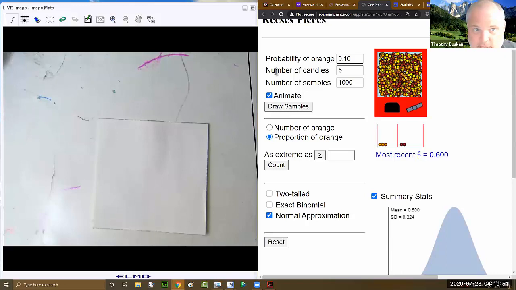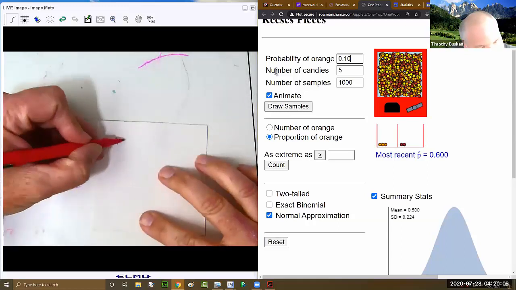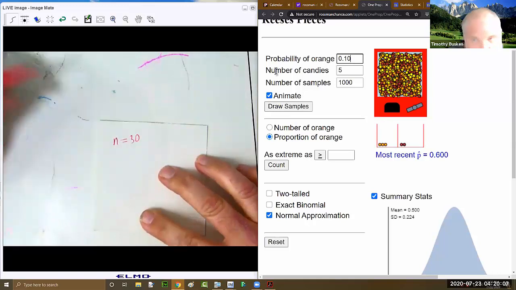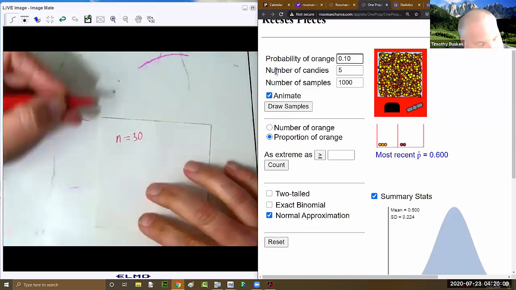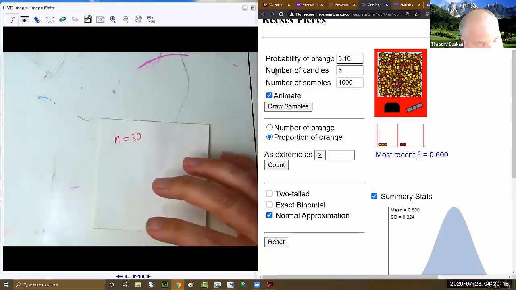And the value of that estimate would depend on whether or not the sample was a good representation of the population. But here you would have n equals 30 trials, or 30 COVID-19 tests, assuming that the test is 100% accurate, which no test is.